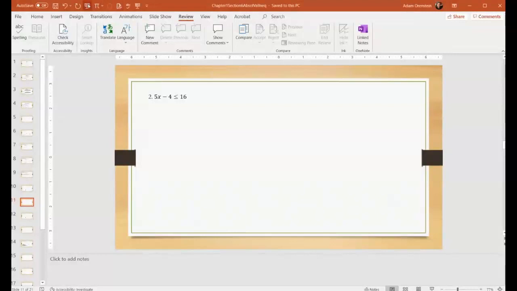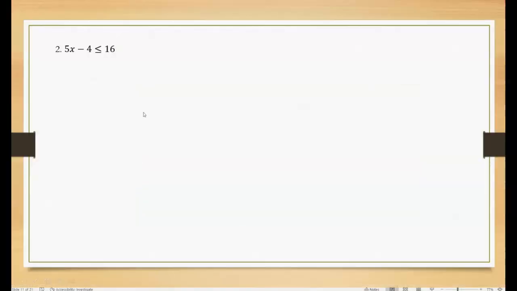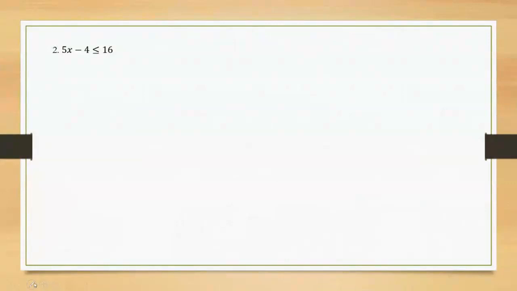Okay, so here we have 5 times x minus 4 less than or equal to 16. So we want to solve that inequality. Well, again, it's just like before, right?